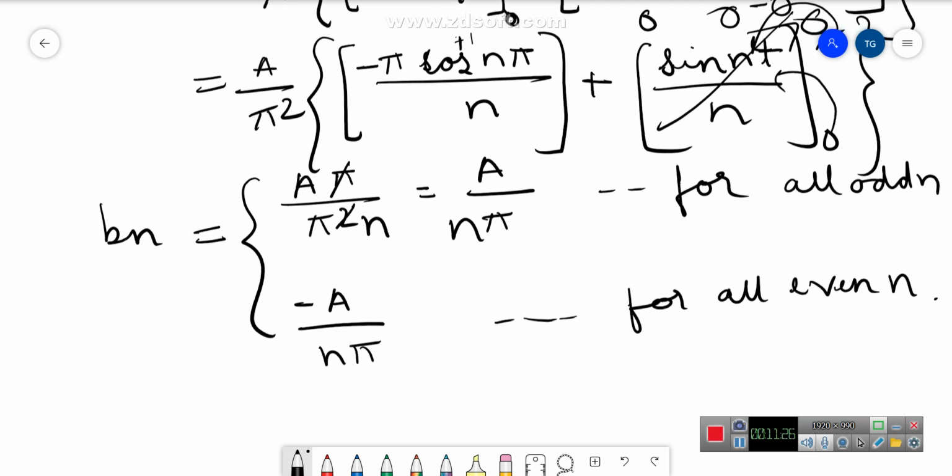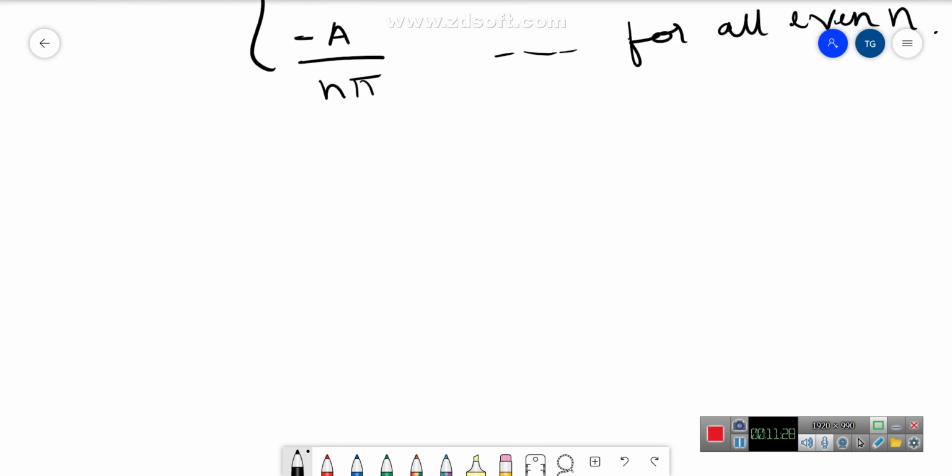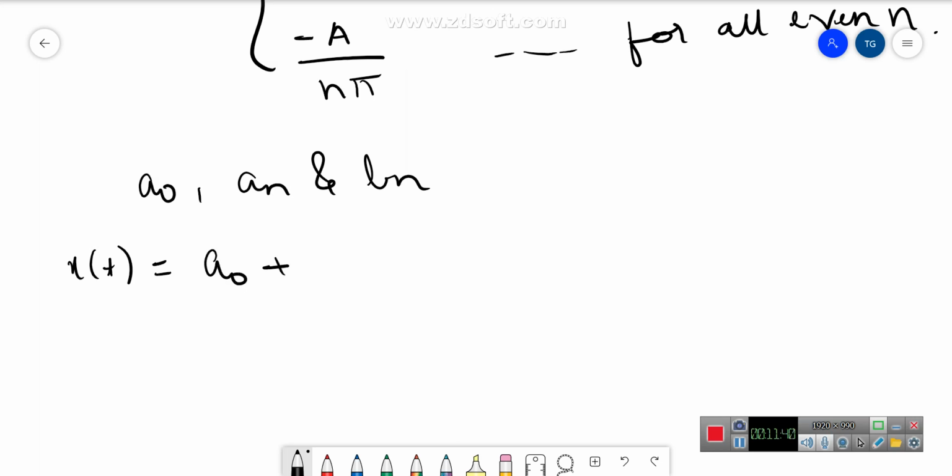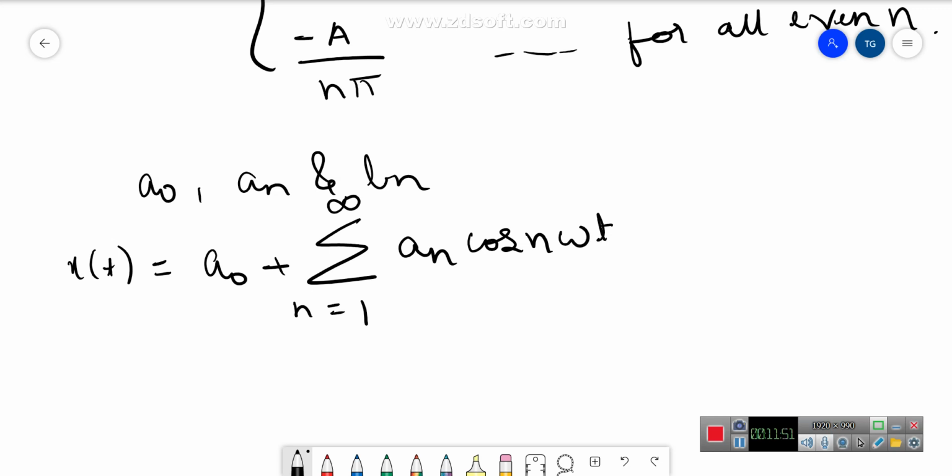So we have calculated all the values of a0, an and bn. Now we know what my Fourier series equation is, that is x of t is equal to a naught plus summation n equals 1 to infinity of an cos n omega naught t plus bn sine n omega naught t.